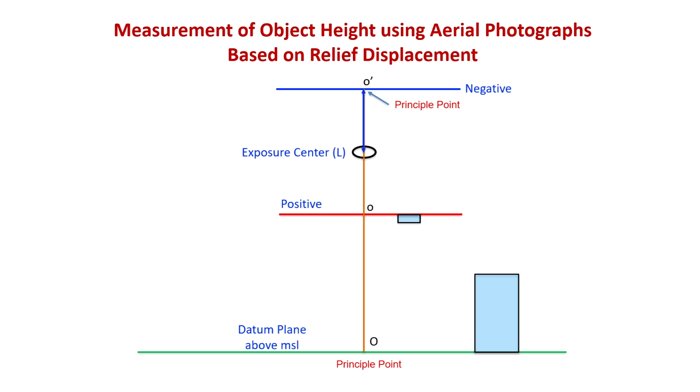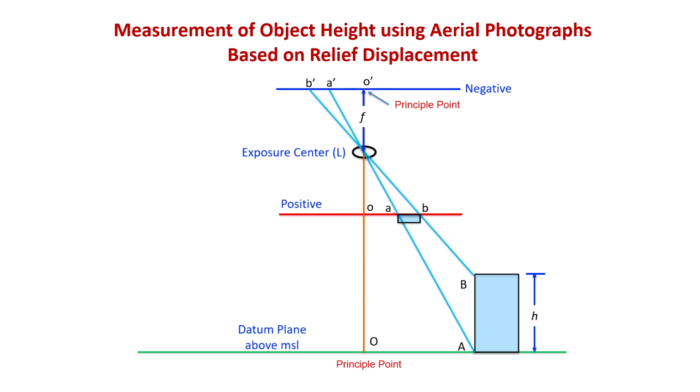This will be your focal length, which is known from the camera, and the height of the object AB will be seen on the positive and negative here, as B dash A dash, which is inverted, and here it will be as it is, that is AB.